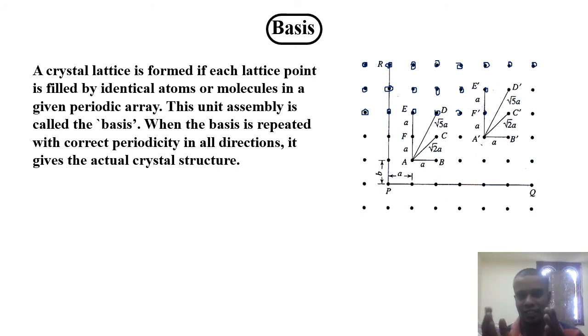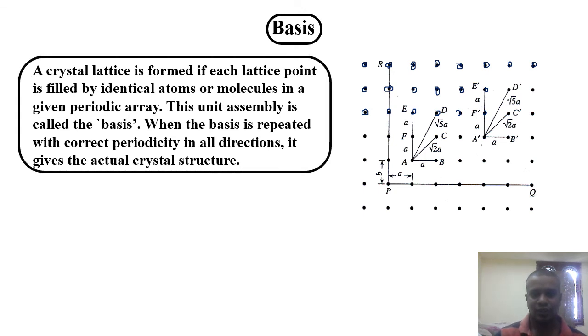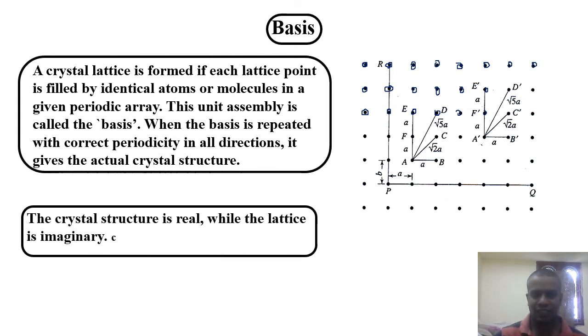Now you understand conceptually, in a theoretical way, how to define the basis. So what is the difference between the basis and the lattice? This is the second term we are seeing in the crystal lattice. The important point is that the crystal structure is a realistic structure, but the lattice points are imaginary.